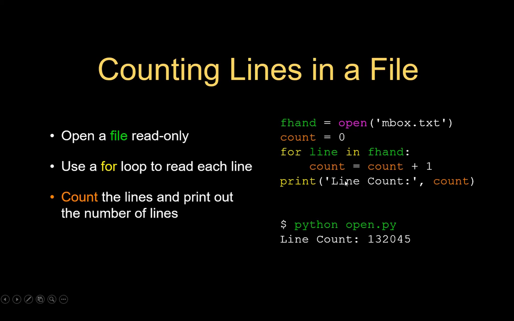So basically we count the number of lines in the fhand, and then we print line count is equal to the number of count. When we call that, in this example we have line count is the number of lines in that file.